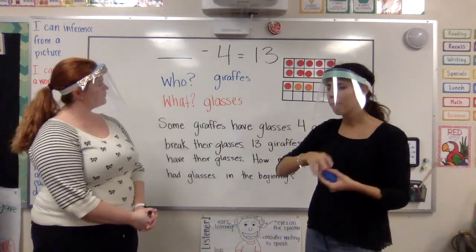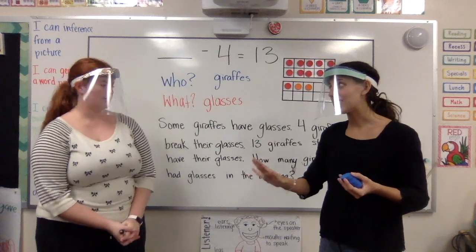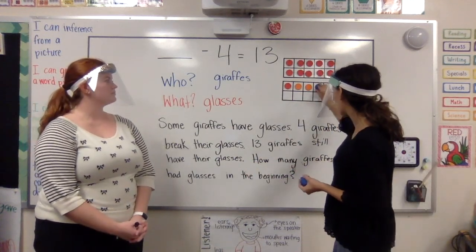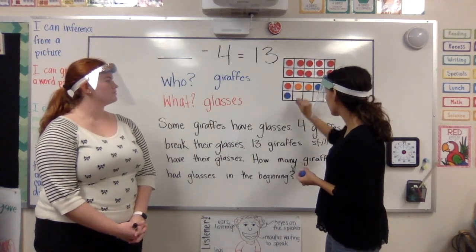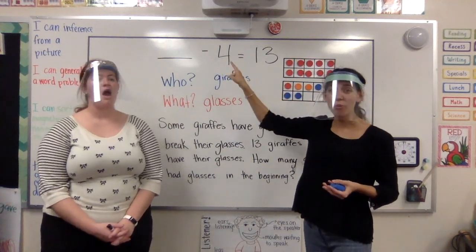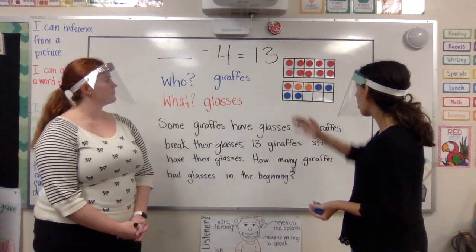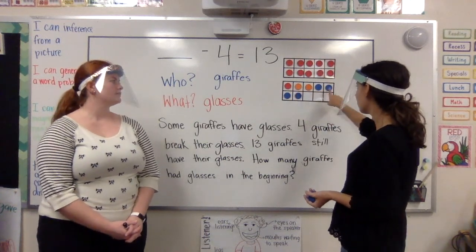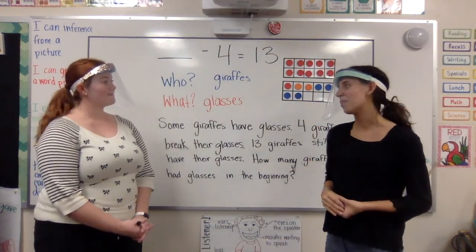Okay. And then some broke. But if I pretended that they didn't break their glasses, that they had their glasses and they came back into our problem, so I add 4 more back in, I could figure out what my total or my biggest number was at the beginning of my problem. So looking at this 10 frame, I could see I have 10, 15, 16, 17 at the beginning of my problem.